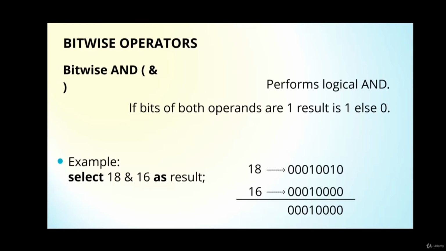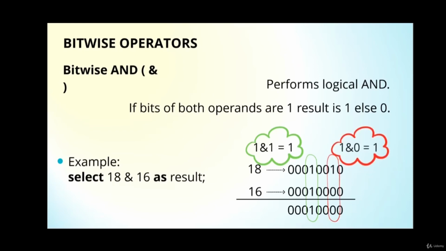So the rest of the bits will be 0 and only the fourth bit will be 1. So for this fourth bit, 1 and 1 equals 1. And for the rest, that is 1 and 0 or 0 and 0, the output will be 0. Over here it's written 1, but it will be 0.